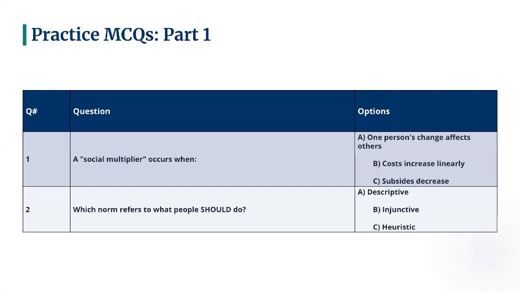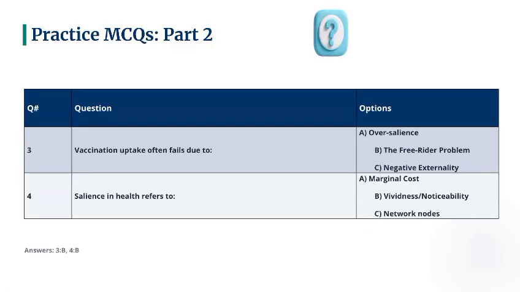Now, you will solve these MCQs accordingly. Number three: vaccination uptake often fails due to oversalience, the free rider problem, or negative externality. Number four: salience in health refers to marginal cost, vividness and noticeability, or network nodes.